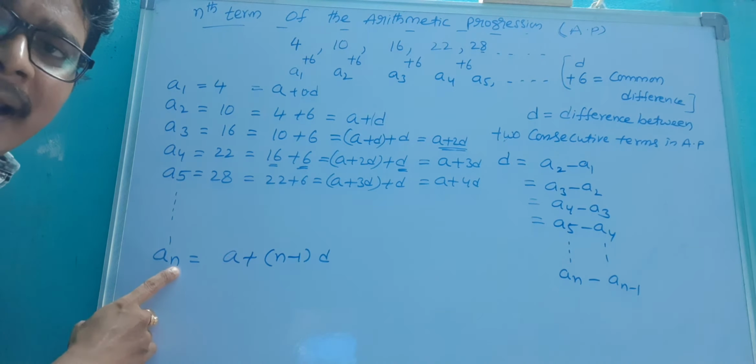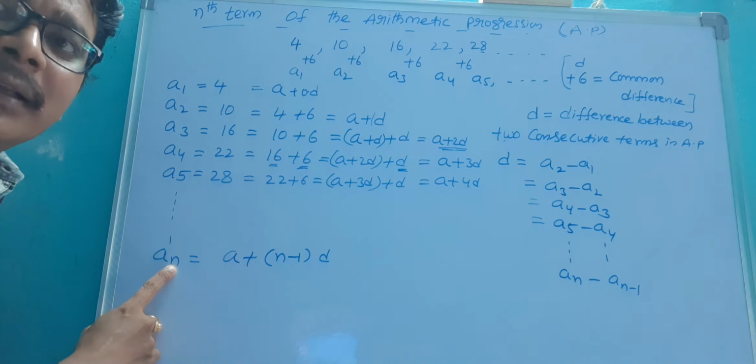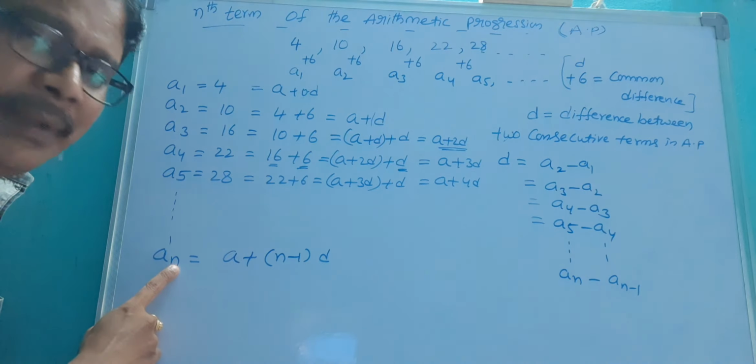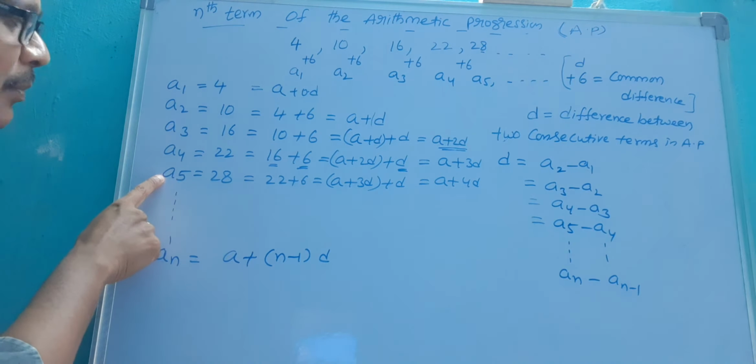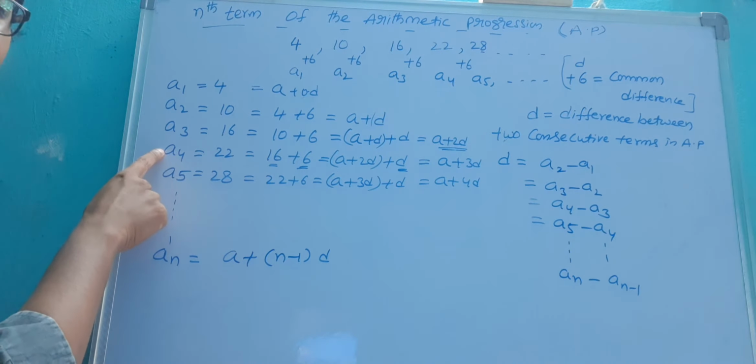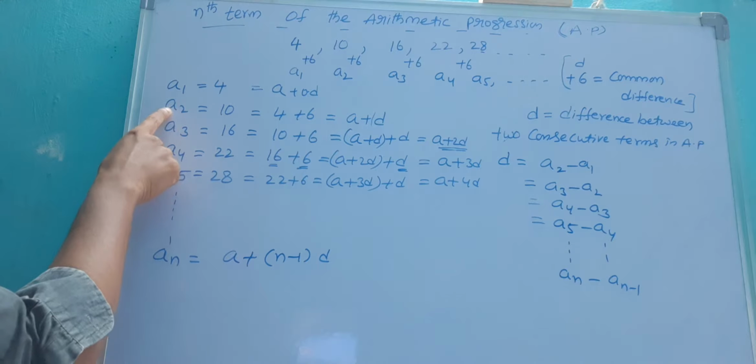So An, what is it here? n indicates the nth term. So An means the nth term. A5 means the fifth term. A4 means the fourth term. A3 means the third term. A2 means the second term.